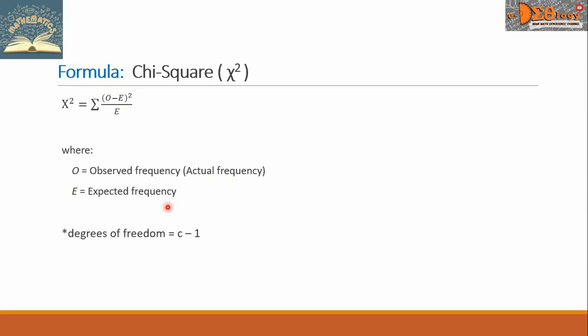In finding the critical value on the table of chi-square, we need to compute the degrees of freedom, and the formula is C minus 1, where C is the number of categories.